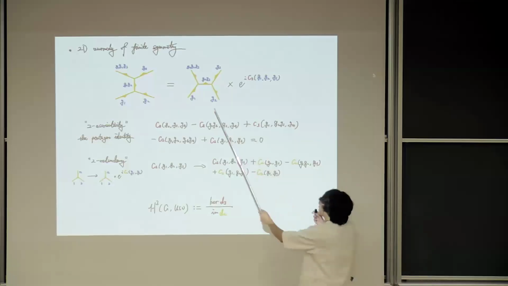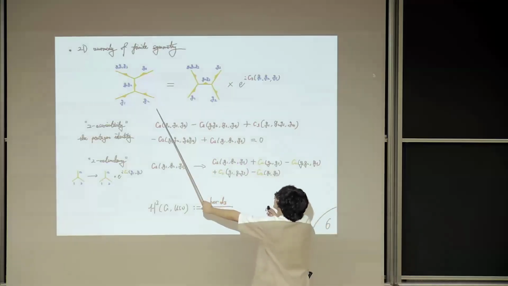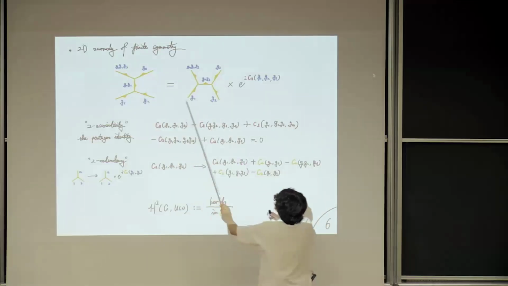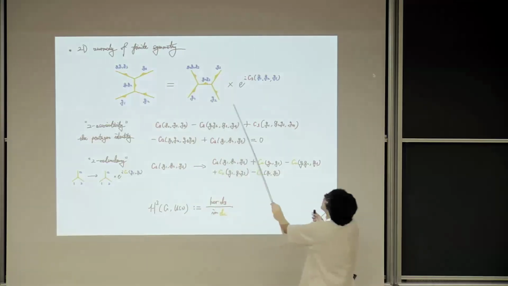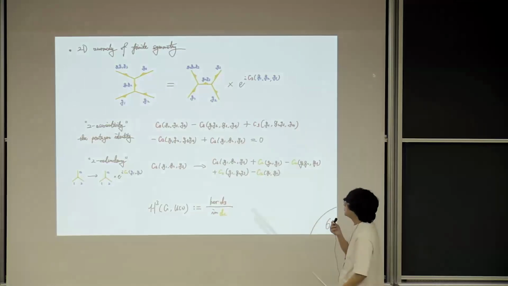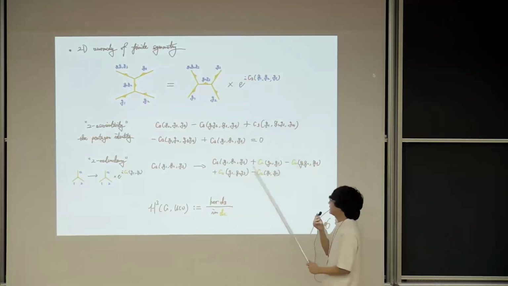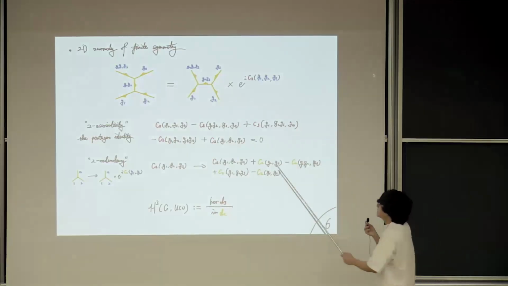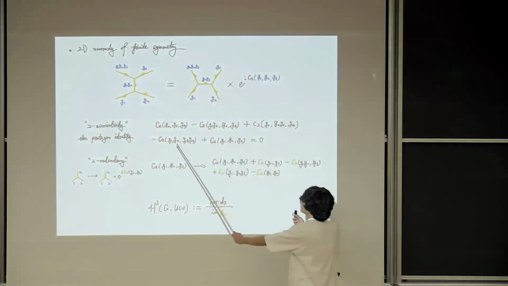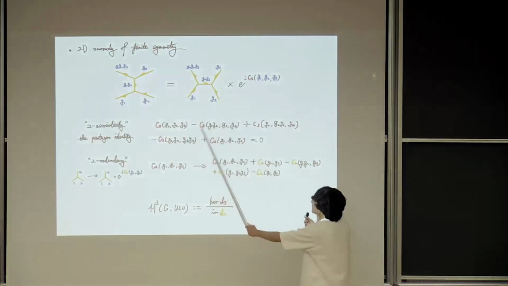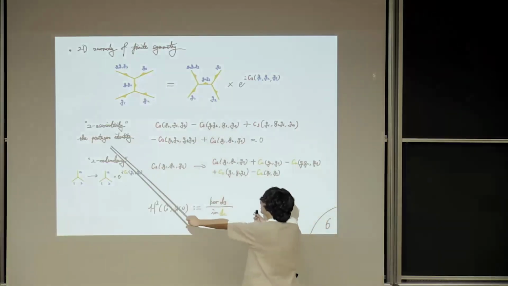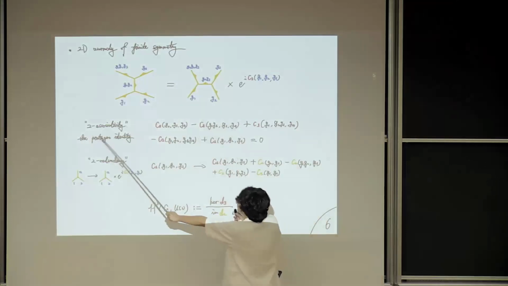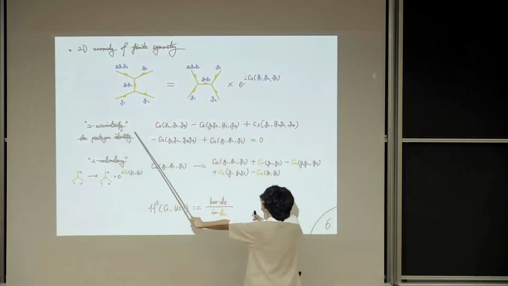If we try to rearrange this kind of web into this, then we will get an additional phase. So this is the anomaly. And just like what happened in the 1D case, there are also conditions for this anomaly. Roughly speaking, we can call it two associativity. It's not a serious terminology.